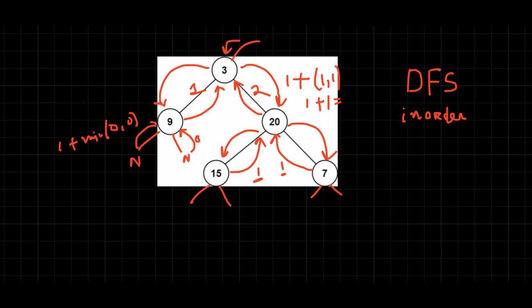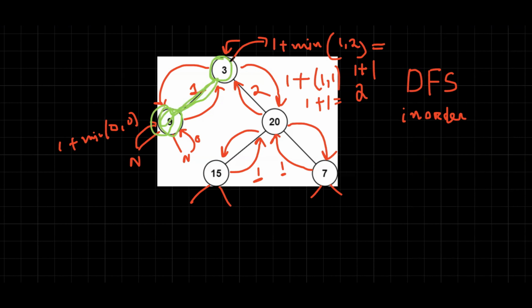And the root node will return 1 plus the minimum of 1 and 2, which will be 1 plus 1, that means 2. So here we can see that for this tree, the minimum depth is 2, which is this path, this green path.